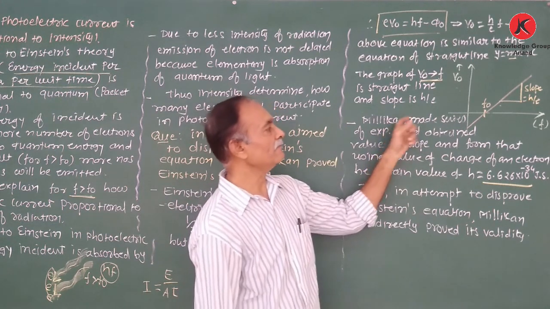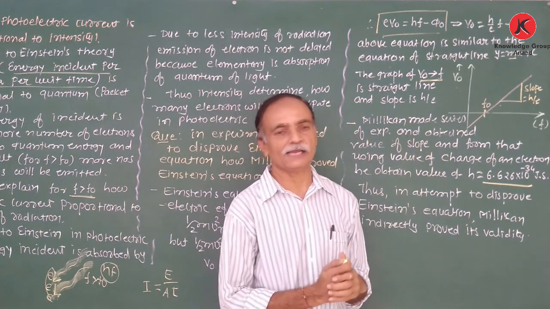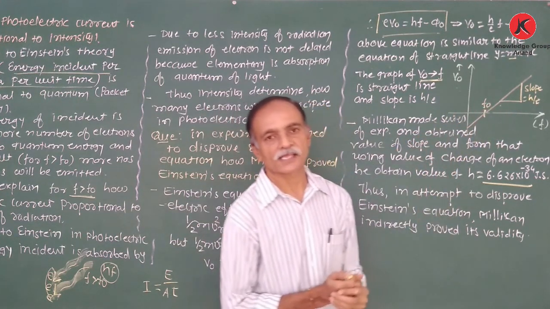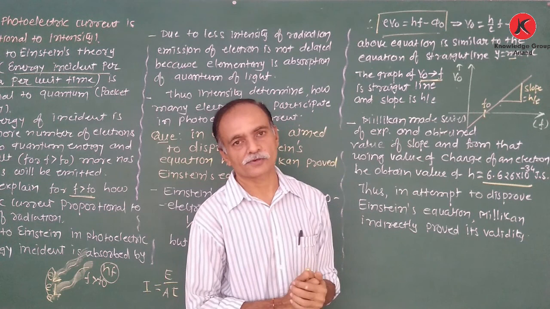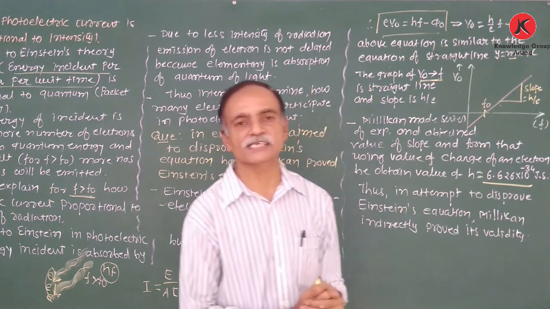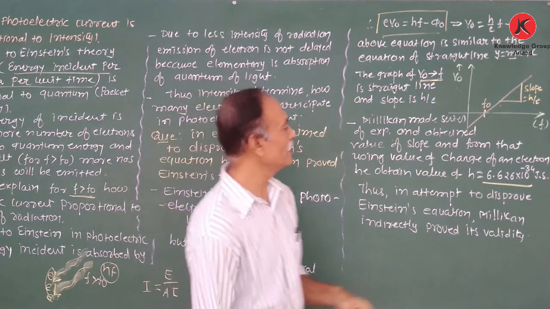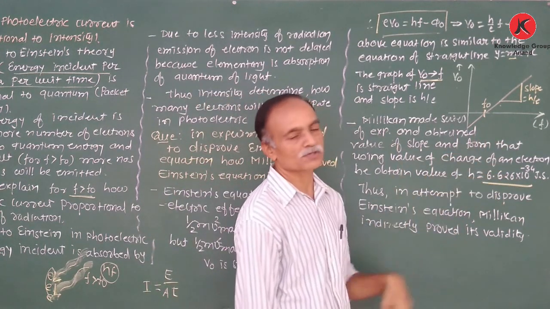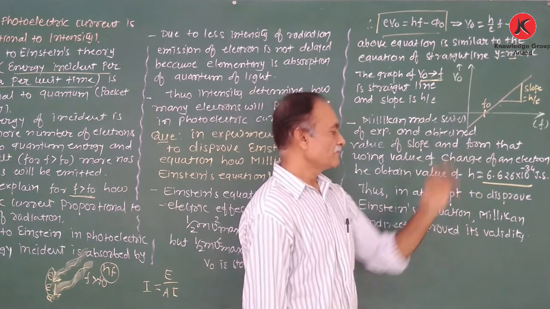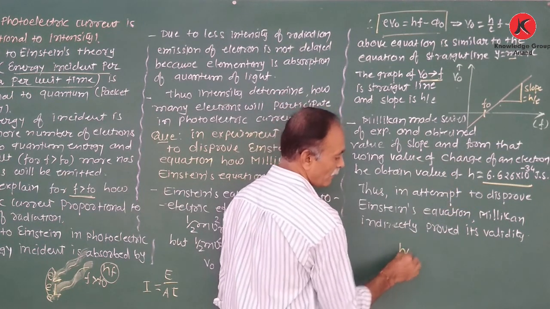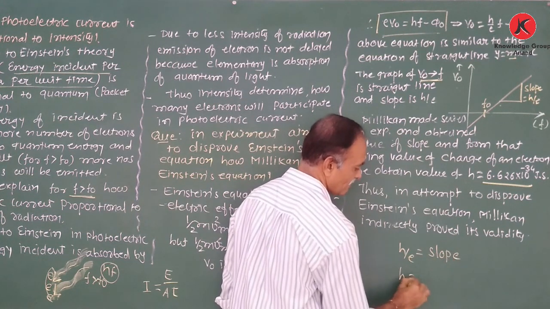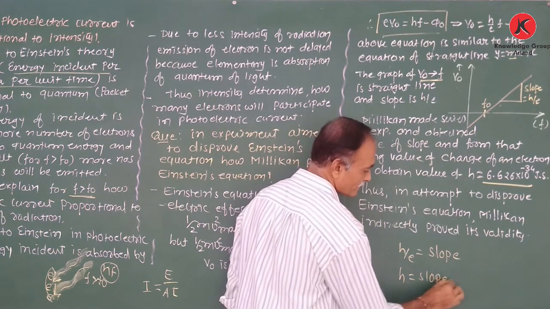Again, Millikan made a series of experiments and obtained the value of the slope. Slope is h upon e, and e is the charge of an electron. He used the value of the charge of an electron, 1.6 into 10⁻¹⁹ coulomb, and obtained the value of Planck's constant. Thus, each and every time he obtained h equal to slope into e.